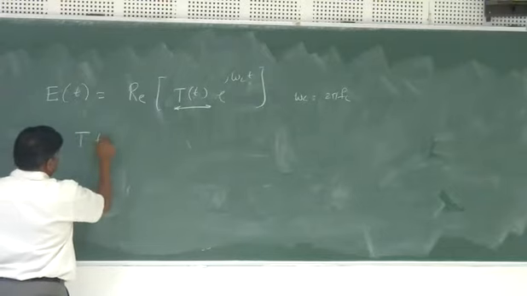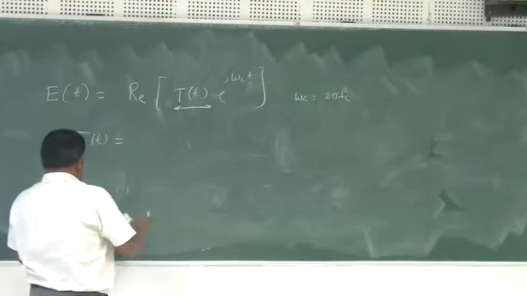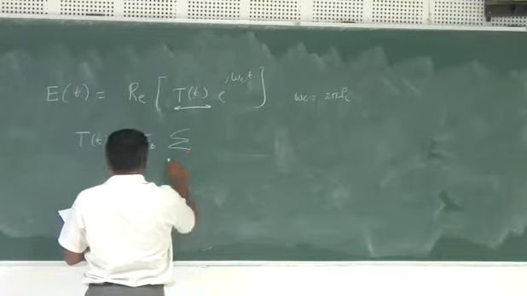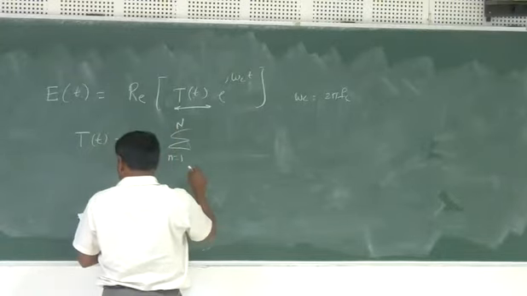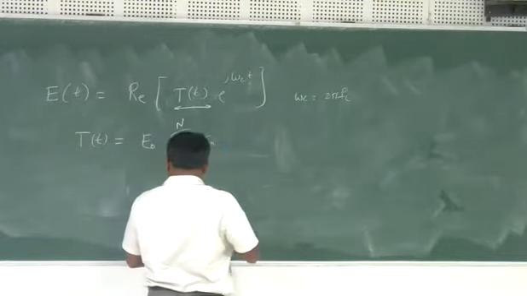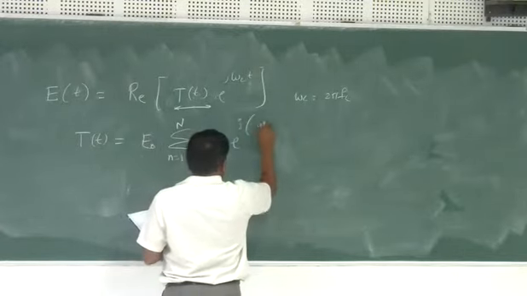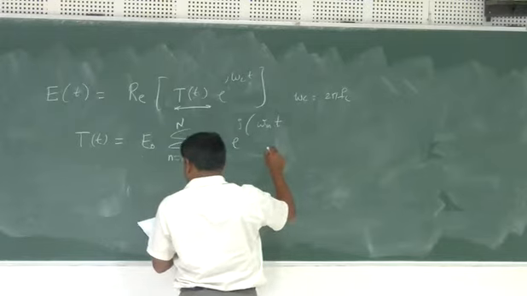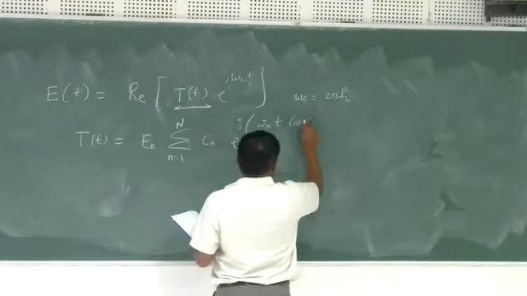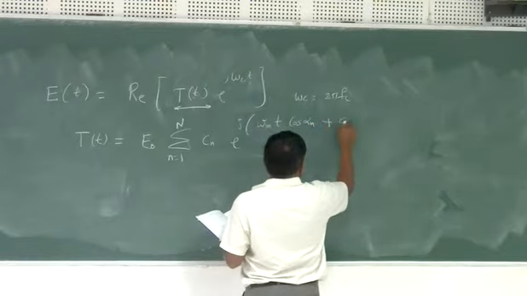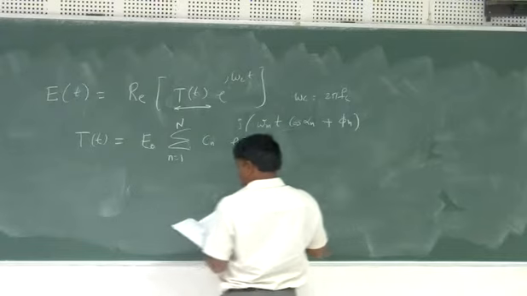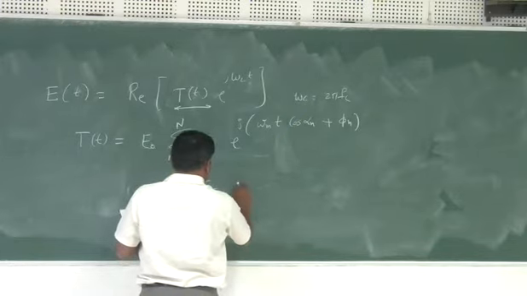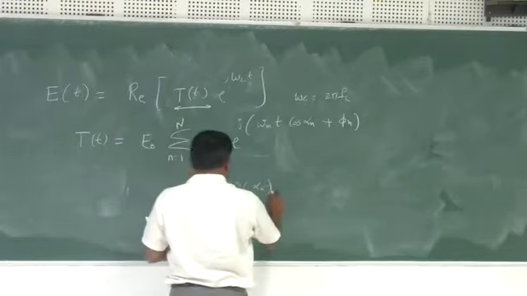And T of t, you will write it as E naught times the summation over a number of signals, n equal to 1 to capital N, of some constant Cn times e to the power of j omega m t cos alpha n plus phi n, where the Cn constant squared is equal to P of alpha n.